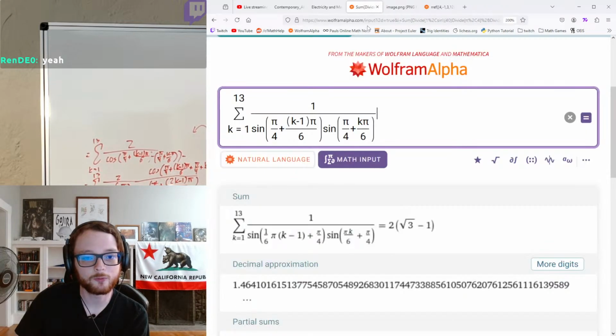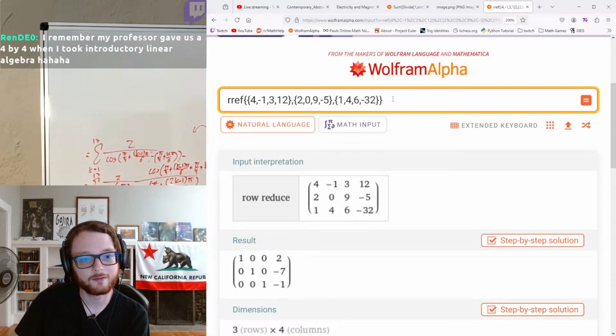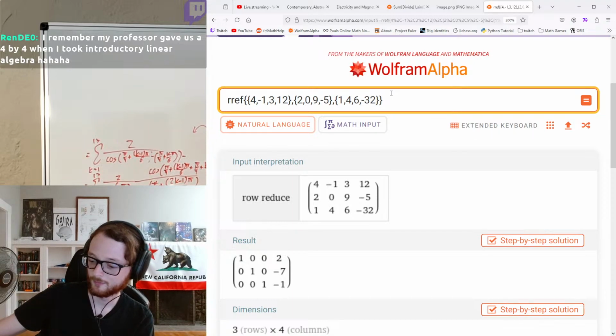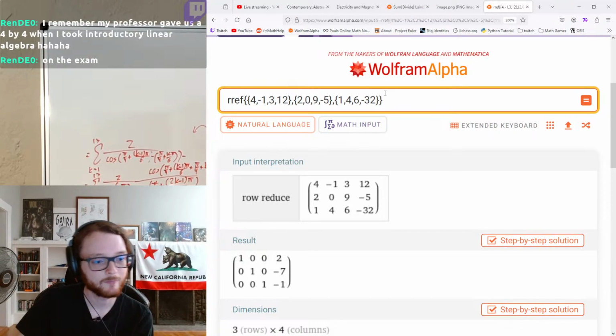In the real world, yeah, you certainly would just use a calculator, even for relatively simple ones. But it's still important to know fundamentally what the computer is doing, I think, at least.